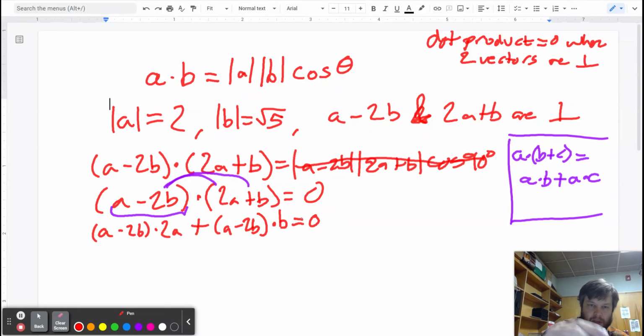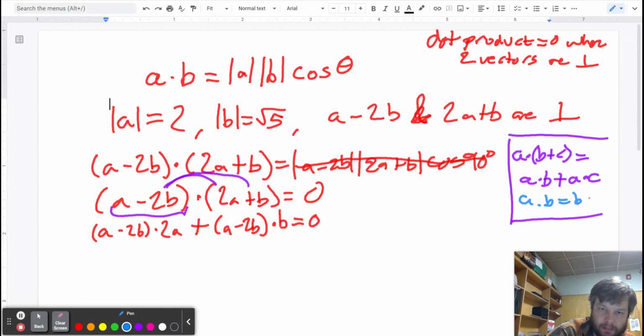The other property of the scalar product is that it is commutative, meaning A dot B is equal to B dot A. So if I could distribute from left to right, then I can also distribute from right to left.